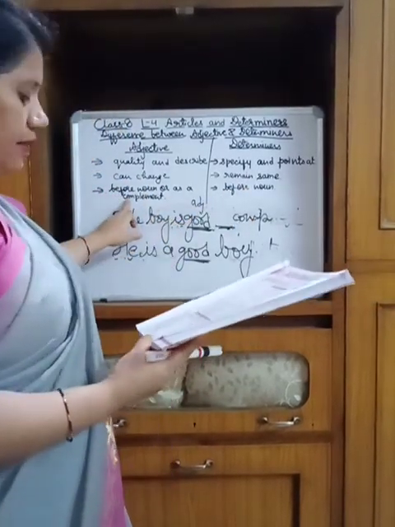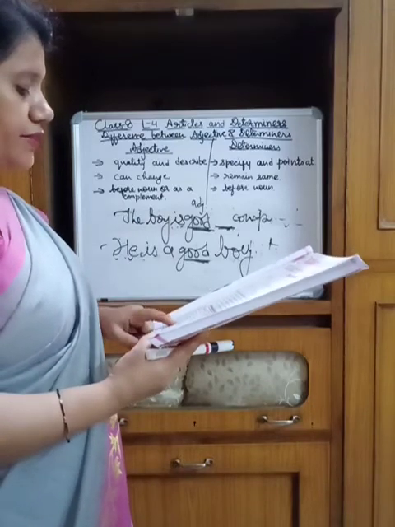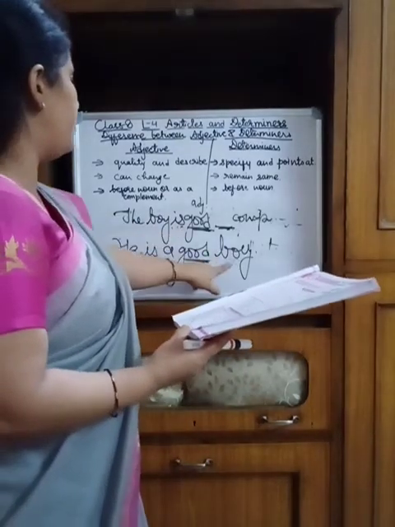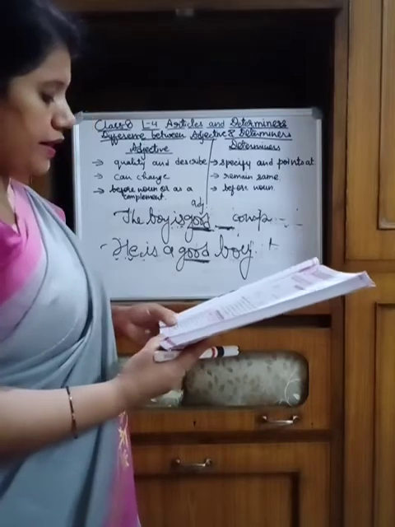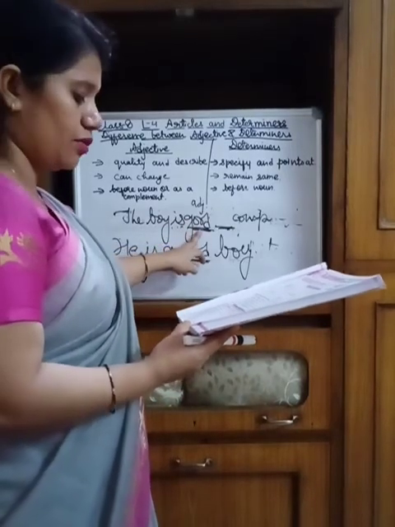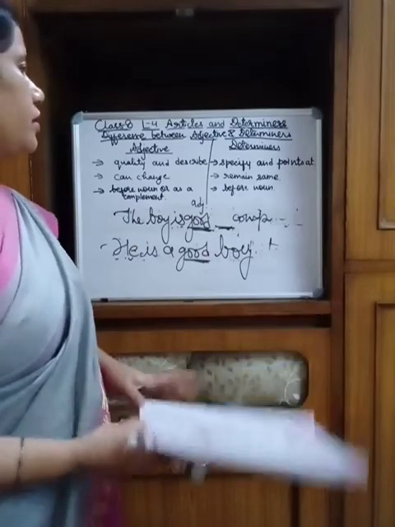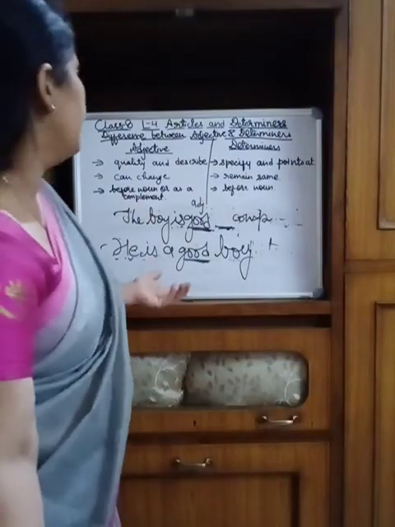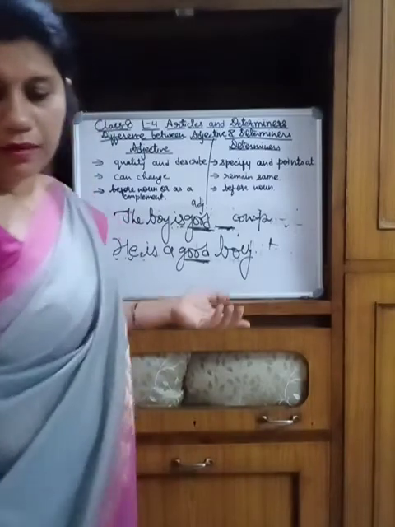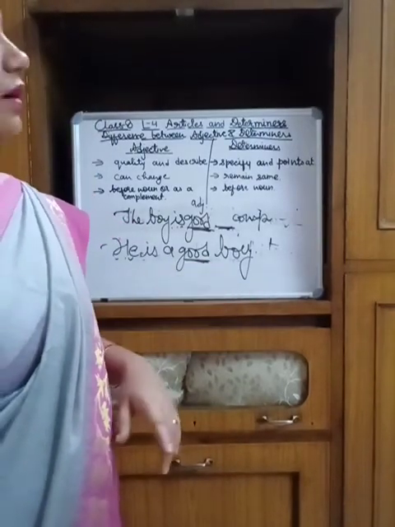The third is that the position of an adjective is before a noun or as a complement. The position of a determiner is always before a noun. This boy, that boy, that box, some ideas.